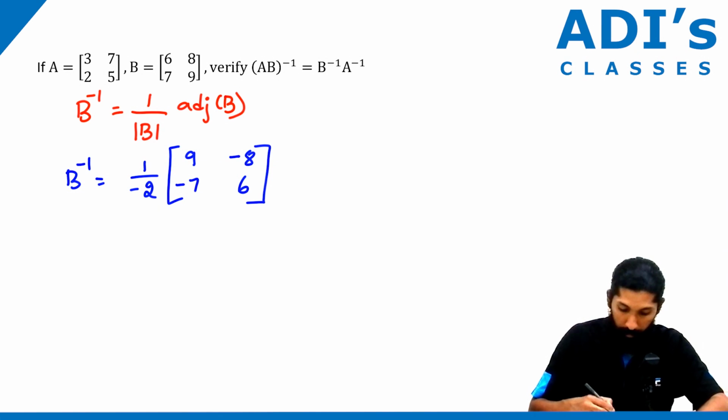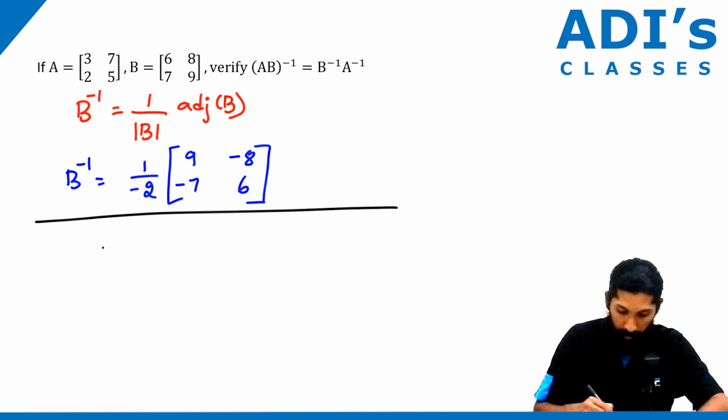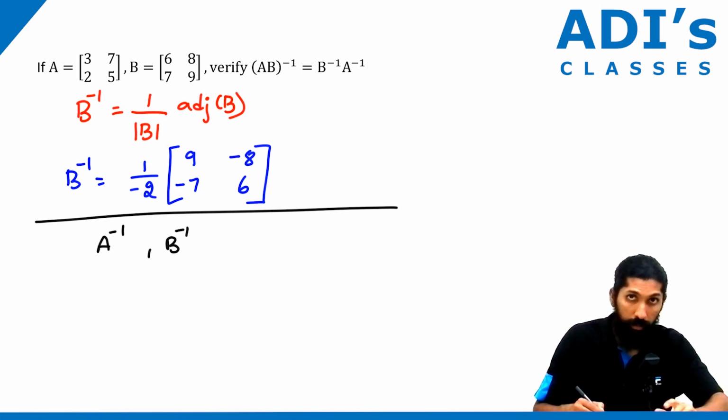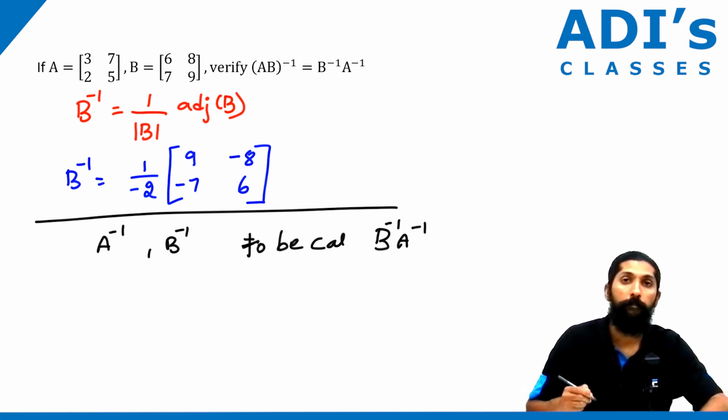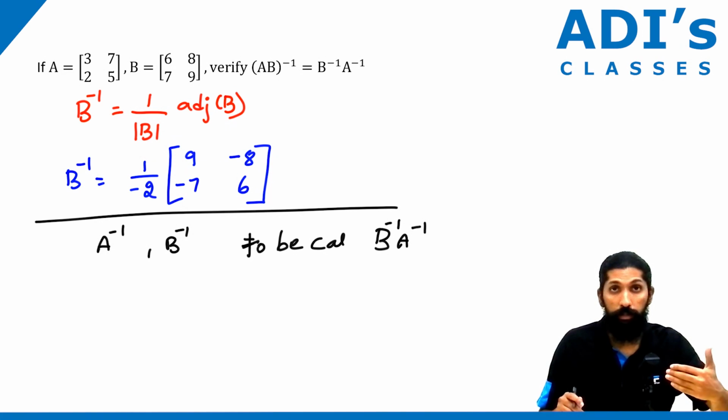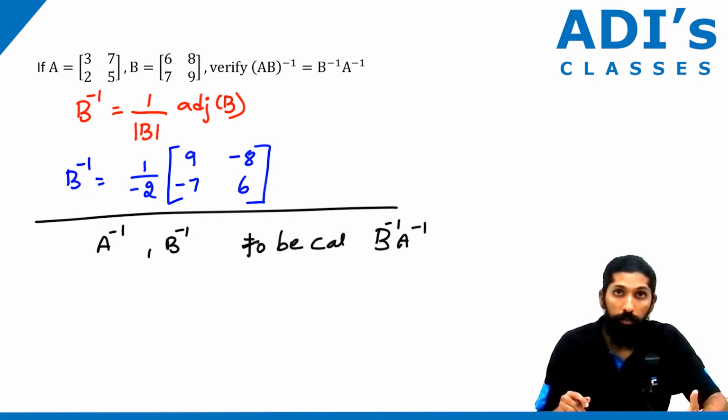Now what do we have to do? We have to calculate the value of A inverse. We are done with A inverse and B inverse. Now to be calculated is B inverse into A inverse. Let's just do that. We will see what the equation 1 value is, and check whether both of them are equal or not.